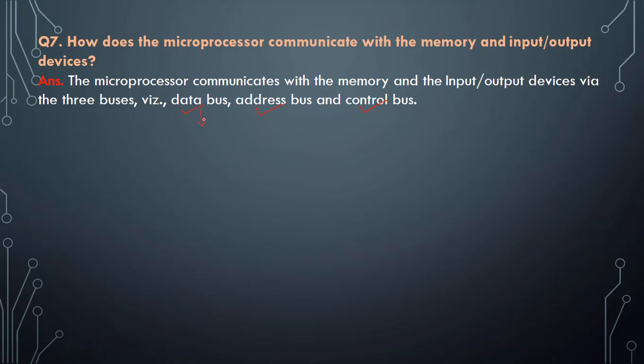Here the data bus is bidirectional, the address bus is unidirectional, and the control bus is bidirectional. All these three buses together are called the system bus.